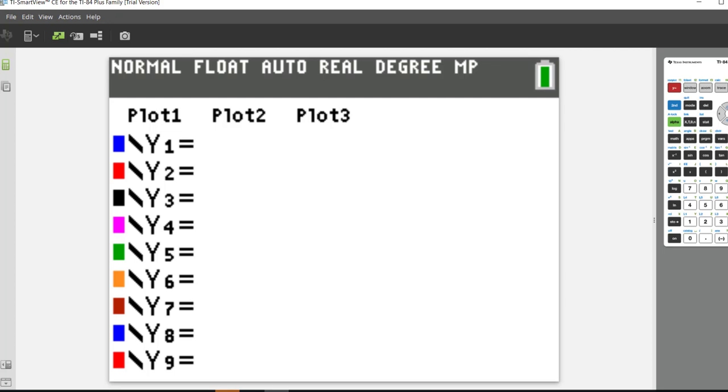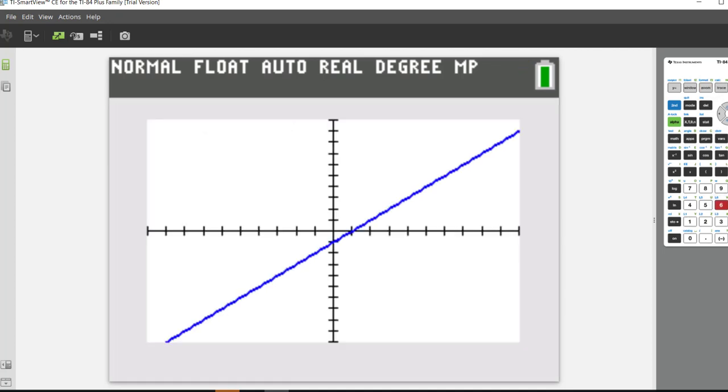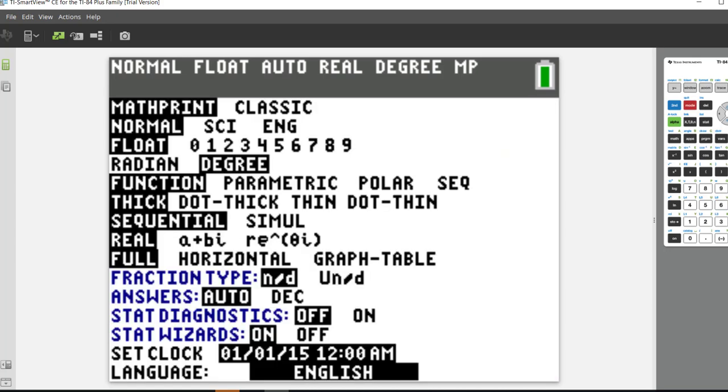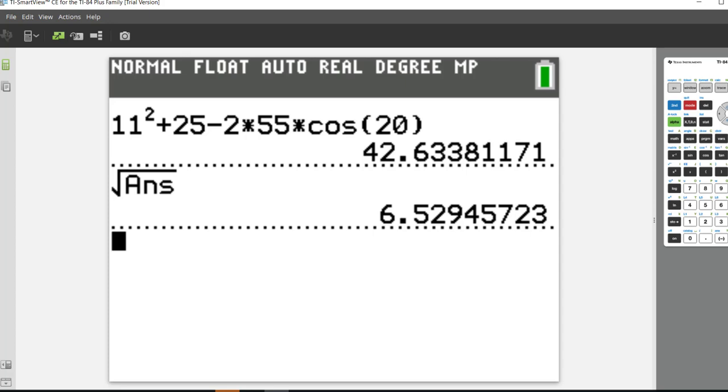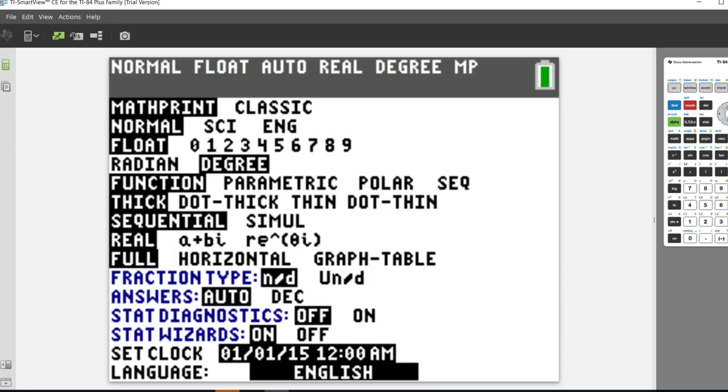While I'm here in rectangular, let me go ahead and put in my equation so we can compare it. X minus 1, and I'll hit zoom 6. So there's the line. If we put this in parametric mode, we'll go down, go over to parametric, and now I'll go under y equals, whoops, I guess I didn't do it.